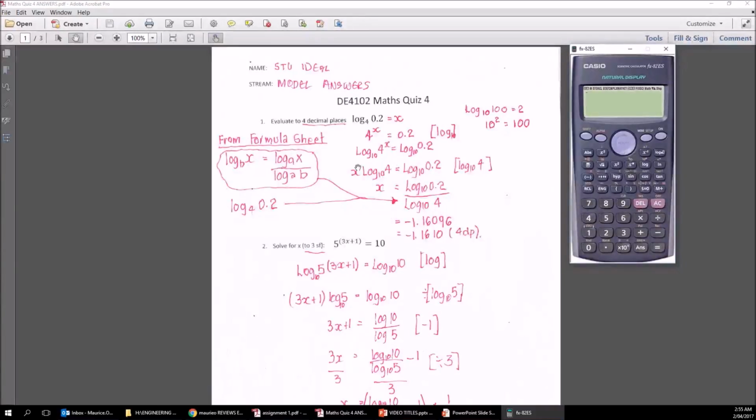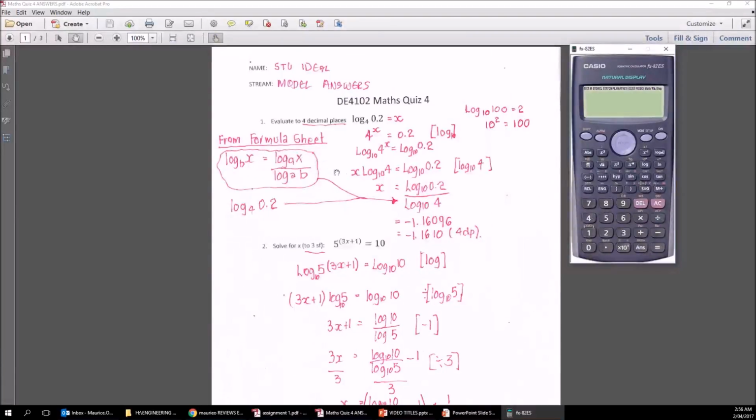Then I could say x times log to the base 10 of 4 equals log to the base 10 of 0.2, and then I can divide through by log to the base 10 of 4, and I get x equals log to the base 10 of 0.2 over log to the base 10 of 4. That's just working through from my little pattern.